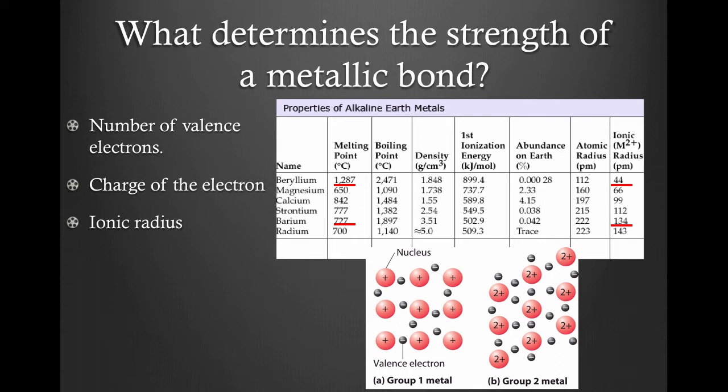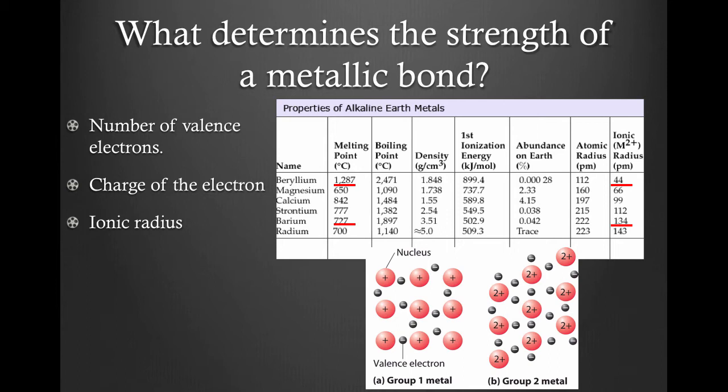And then if we go almost to the bottom of the alkaline earth metals, period 6, we have barium, whose melting point is 727, so it's lower. That's because the ionic radius of a barium ion is 134 picometers, which means that it is larger, almost 3 times as large as a beryllium ion. So that means that the ions are farther apart from each other.